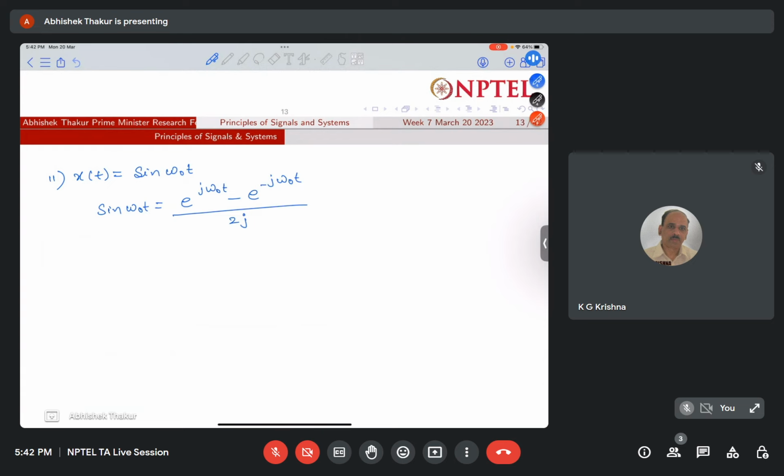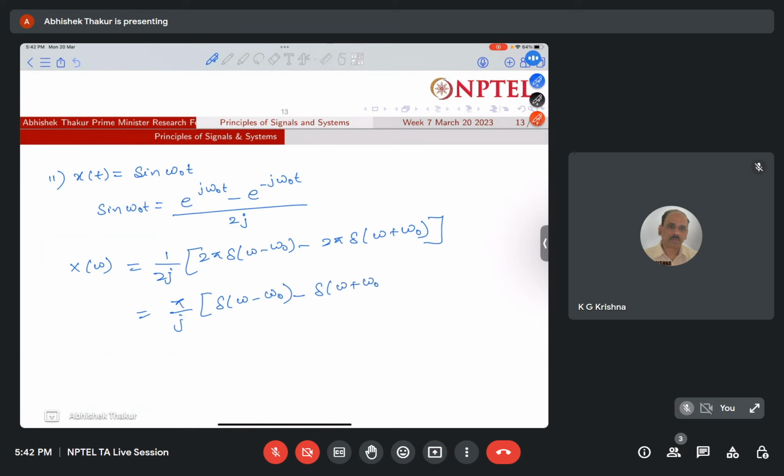So that j and j will get cancelled. So now take the Fourier transform on both sides, we'll get x omega, and here 1 by 2j. This will be 2 pi del of omega minus omega naught minus 2 pi del of omega plus omega naught. We have already seen how it will come. Then it will become pi by j, del of omega minus omega naught minus del of omega plus omega naught.